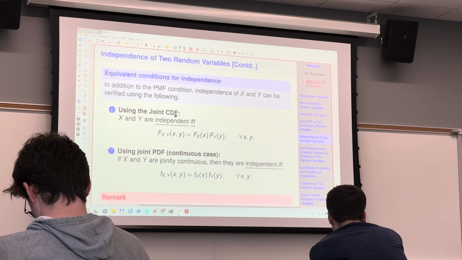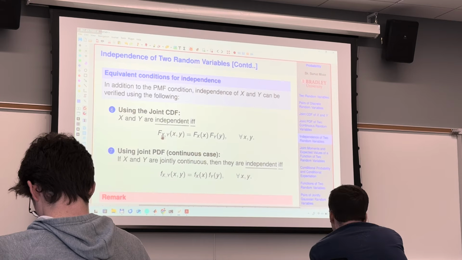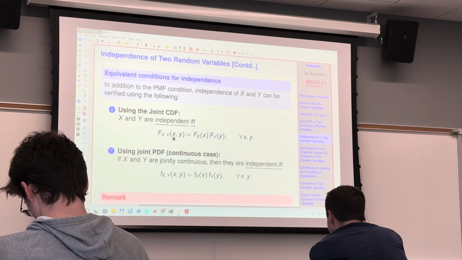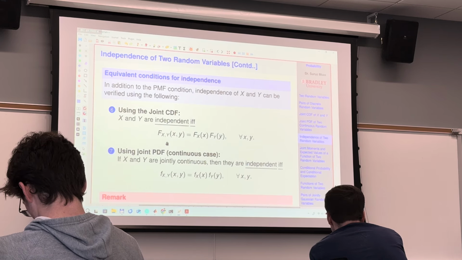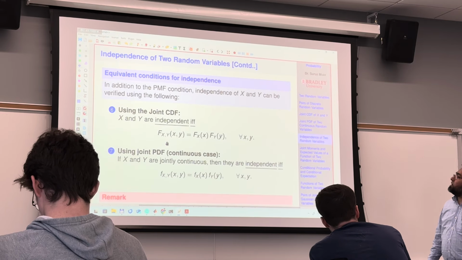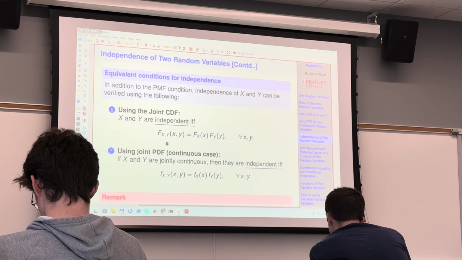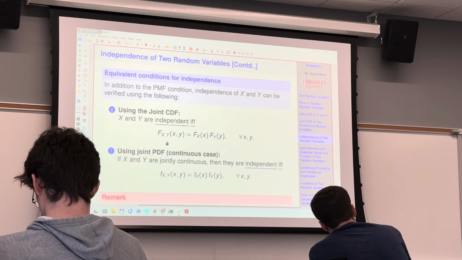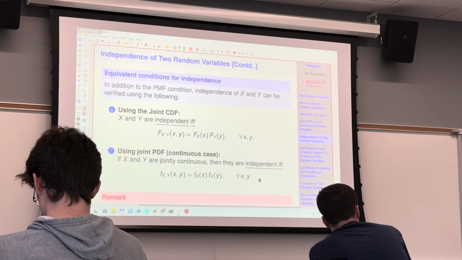In case you have a joint CDF, the formula is the same: the joint CDF of two random variables x and y is going to be the marginal CDF of x times the marginal CDF of y. If this condition is satisfied, you can guarantee that x and y will be independent. Similar formula for the joint PDF.